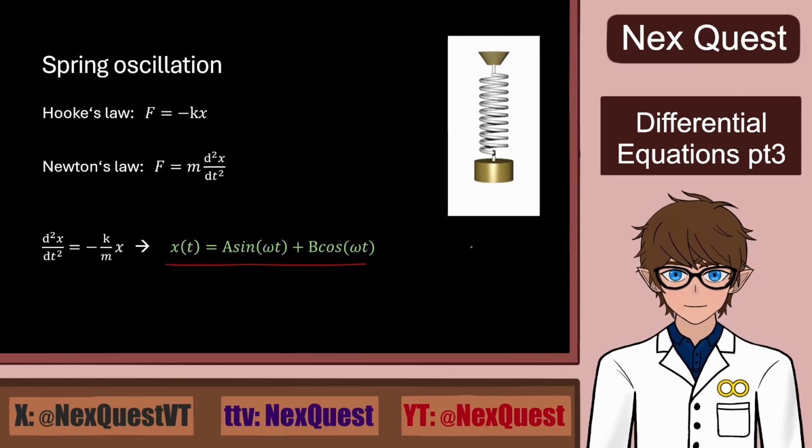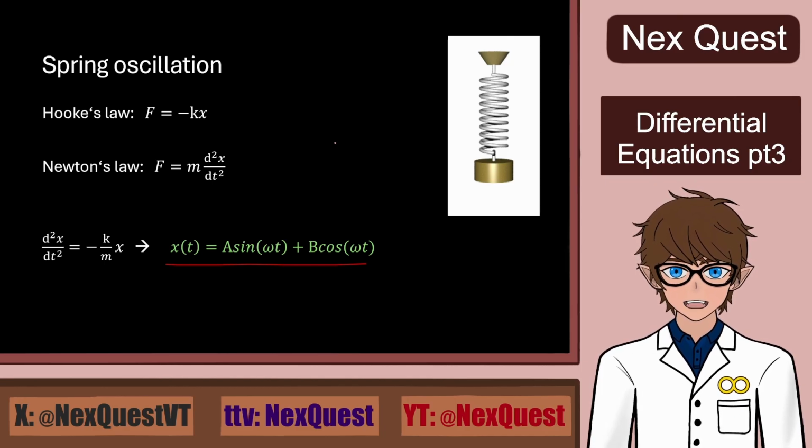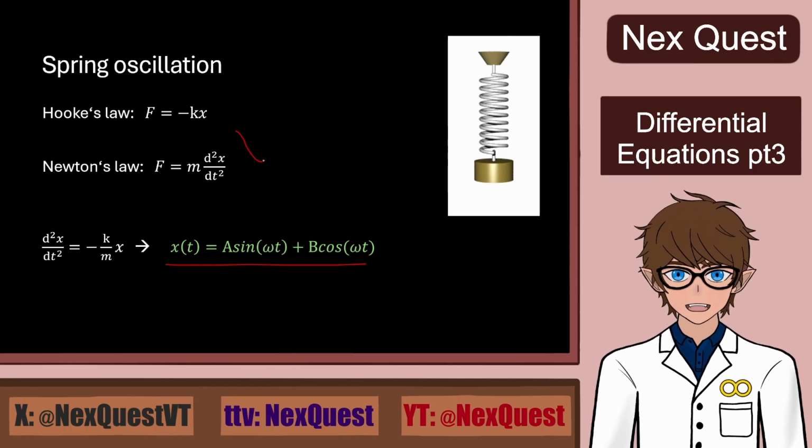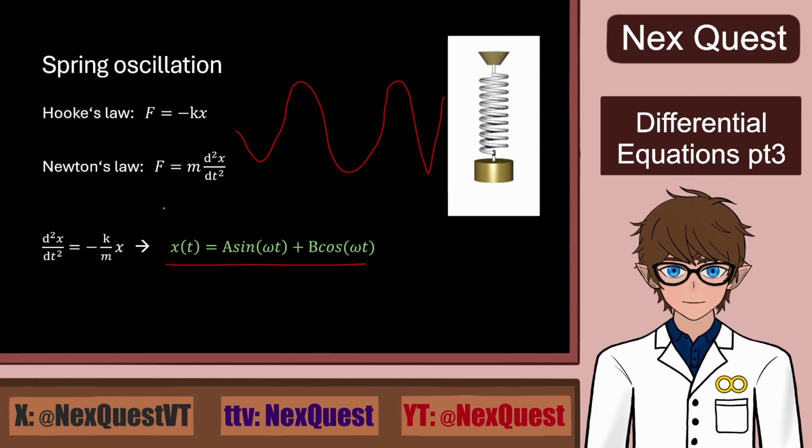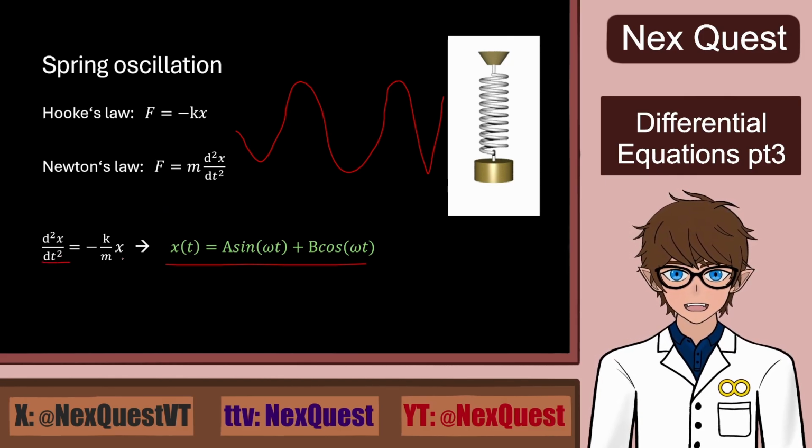Basically, this is how you would solve such an equation, because it's waves. Because we understand that this system behaves in waves, so it's going down and up and down and up, and that way we use sine and cosine, because these functions just fit the description of the second derivative.